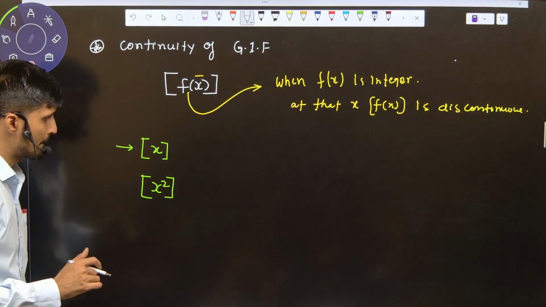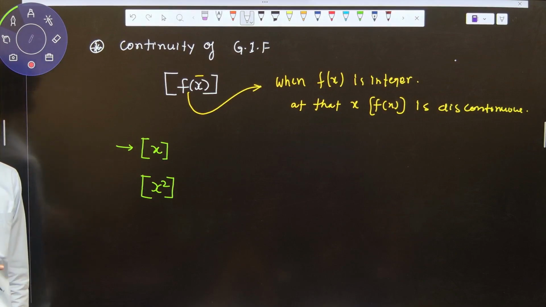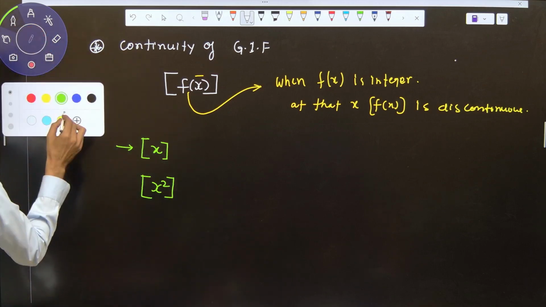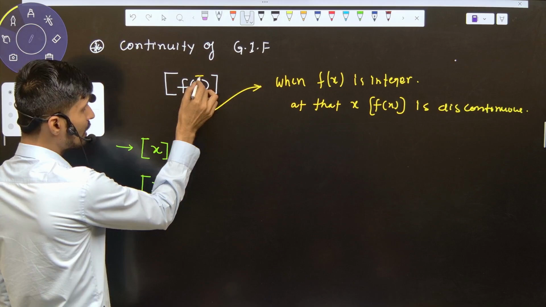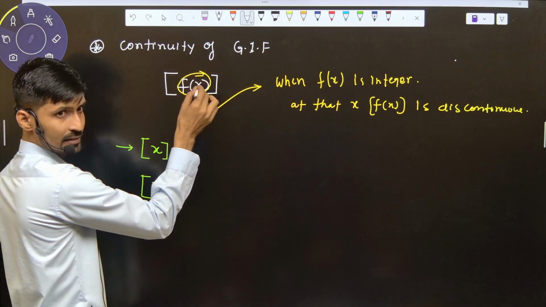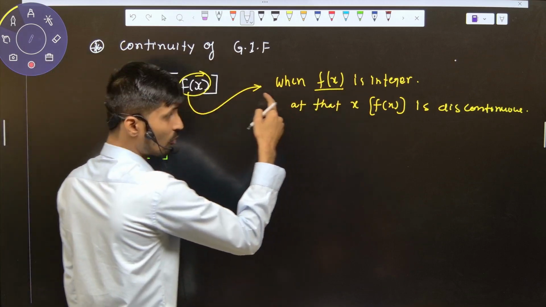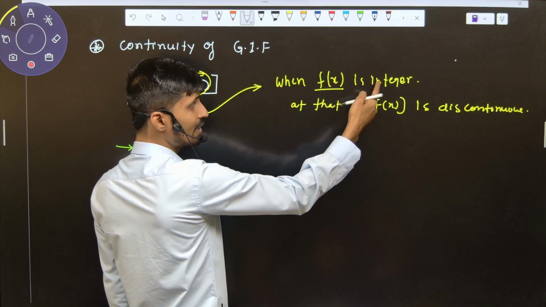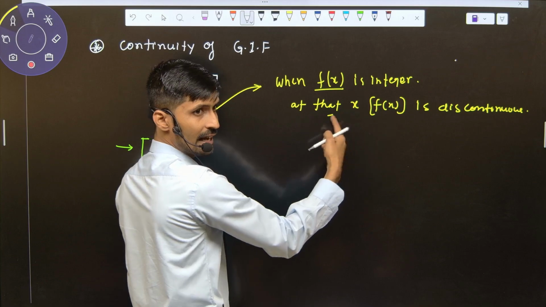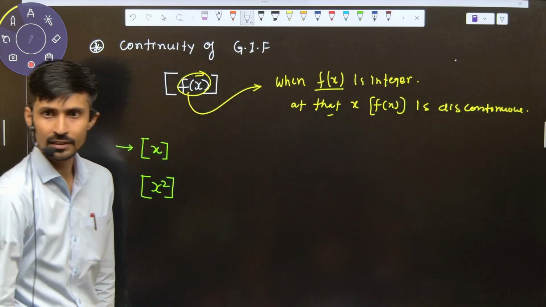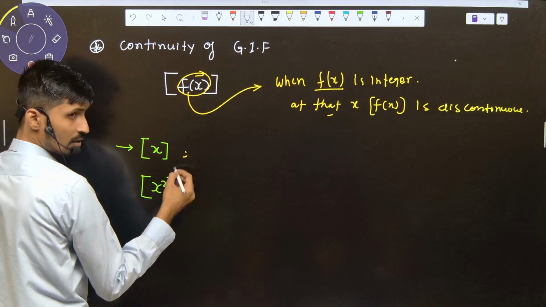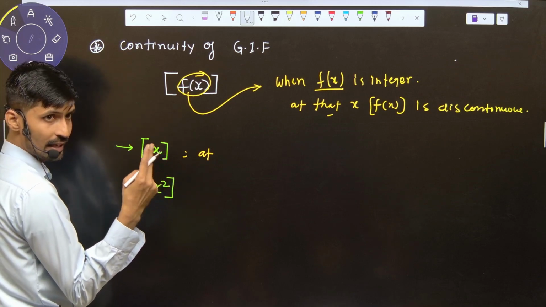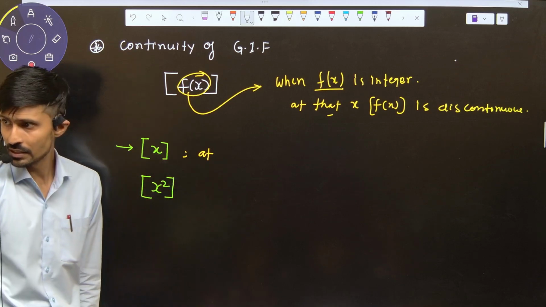See this. Check this. Here I wrote whatever is written inside that f(x). Whatever is written inside the greatest integer, if that is an integer, then at that x the whole function will be discontinuous. So tell me, what is this f(x)? x. What is written in place of f(x)? x.